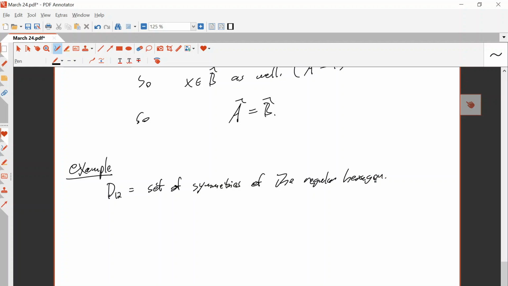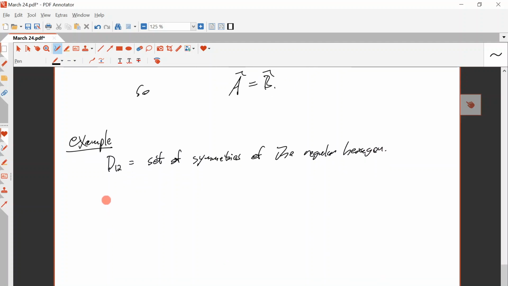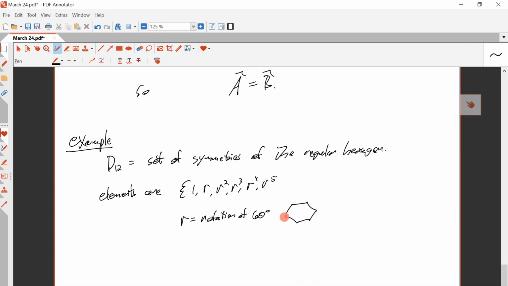Okay, D12 contains R. So there's 1, R squared, R to the third, R to the fourth, R to the fifth, where R is rotation of 60 degrees for your hexagon. Right, rotating 60 degrees clockwise, say.